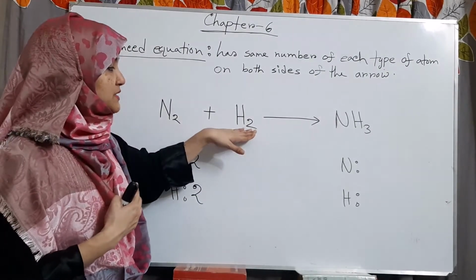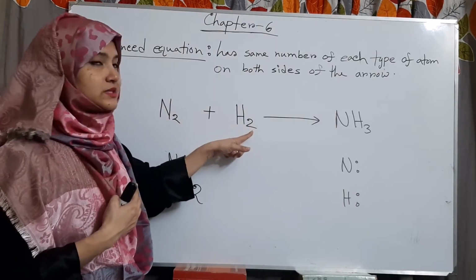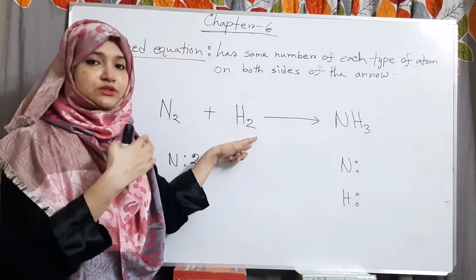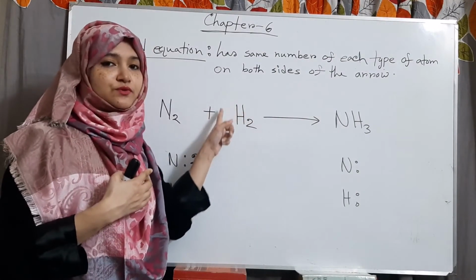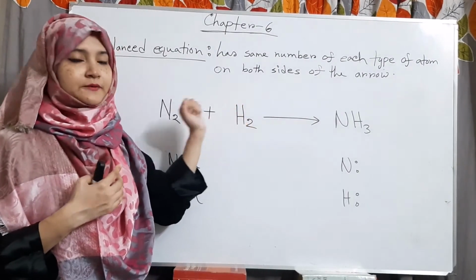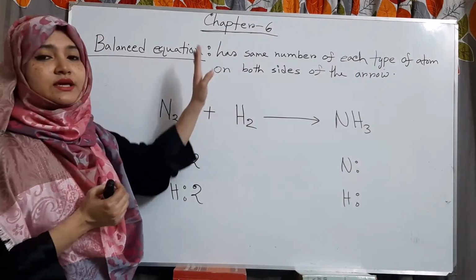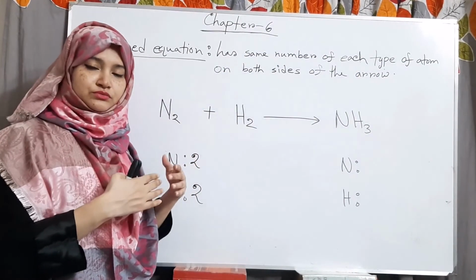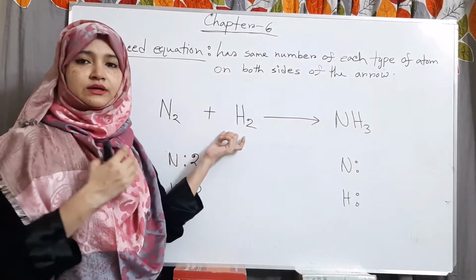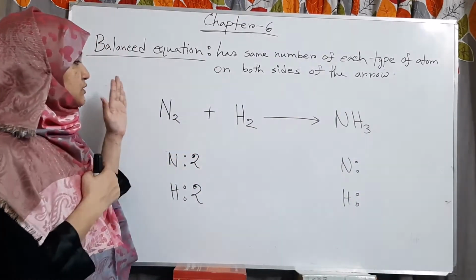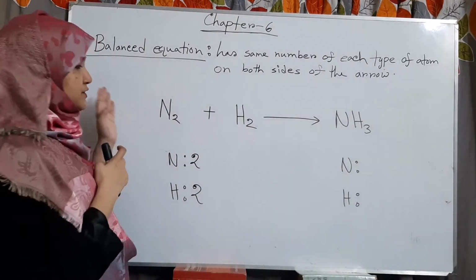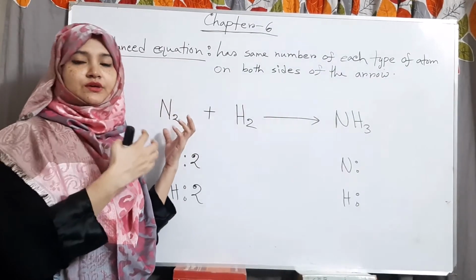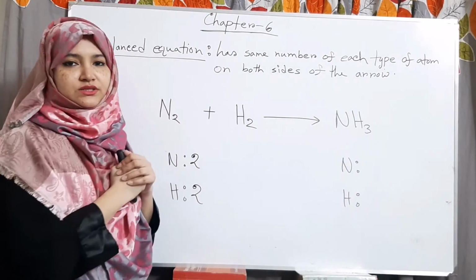It is part of the formula that expresses the molecule, so it cannot be changed when we balance. But the coefficients tell us how many molecules are present in the reaction.